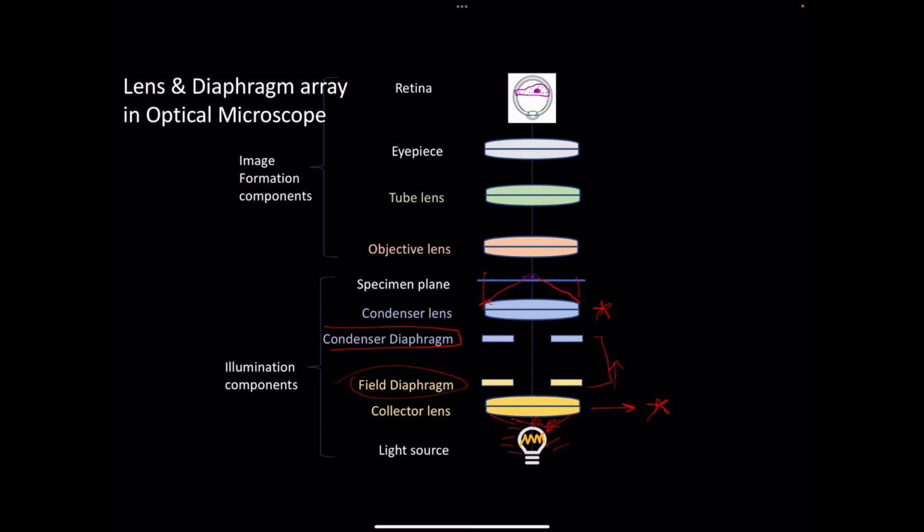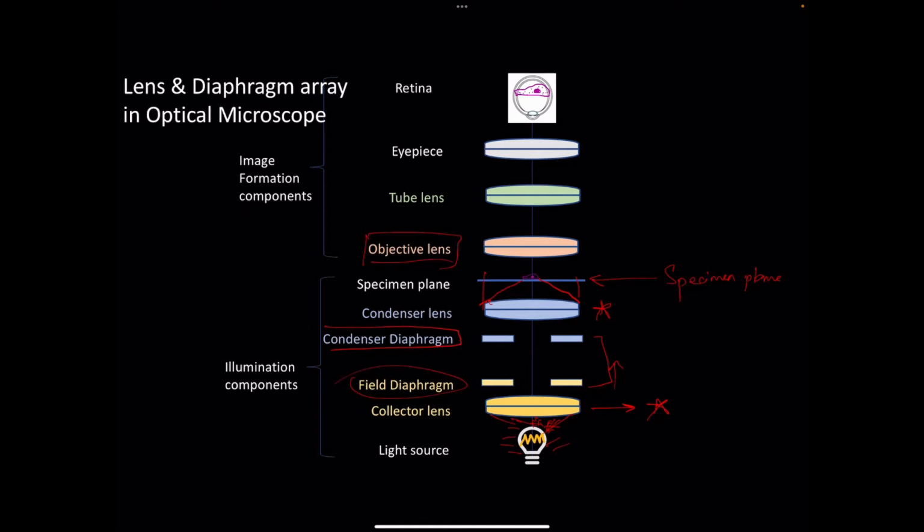The transmitted light is collected by another lens, which is referred to as the objective lens. The specimen is placed on a stage at what is referred to as the specimen plane. After this specimen plane, the objective lens will collect the information from our sample.